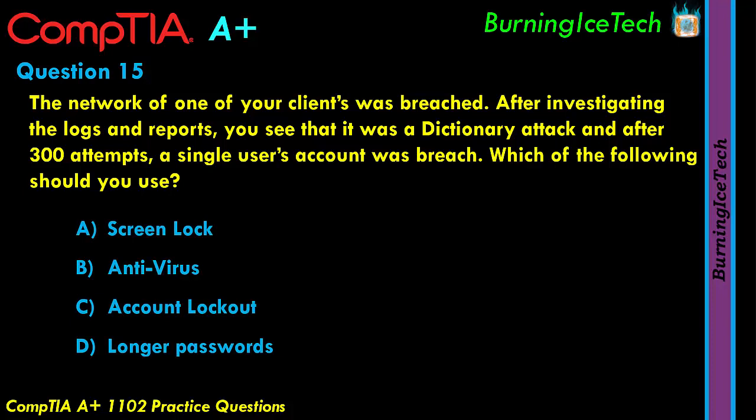Alright guys, so when it comes to breaking into people's accounts and stuff, there's many ways you can go and do that. In this case, they were cracking someone's password. You can use a dictionary attack, a rainbow table, or a brute force attack. Those are the most common ones. A dictionary attack is when the attacker uses actual words in the dictionary to try and guess someone's password. That's actually extinct.